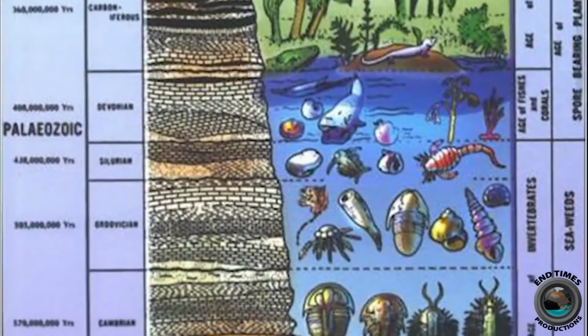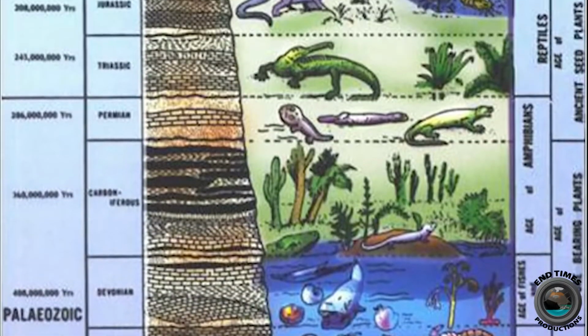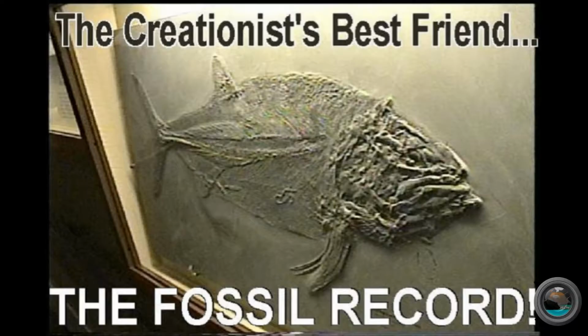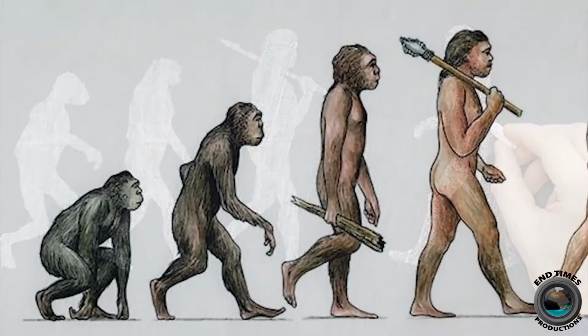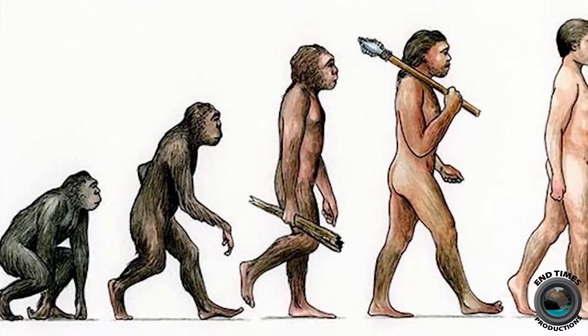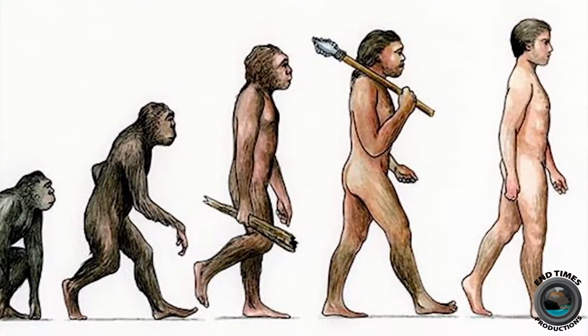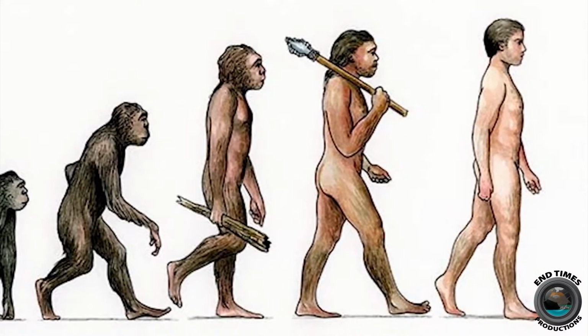Now, at this point, many of you are probably asking yourselves, what about the fossil record? I'm sure that you have all heard at one point or another during your life that man evolved from ape.